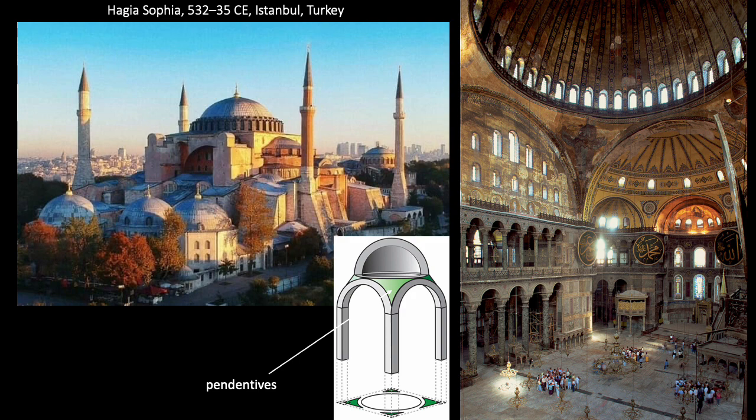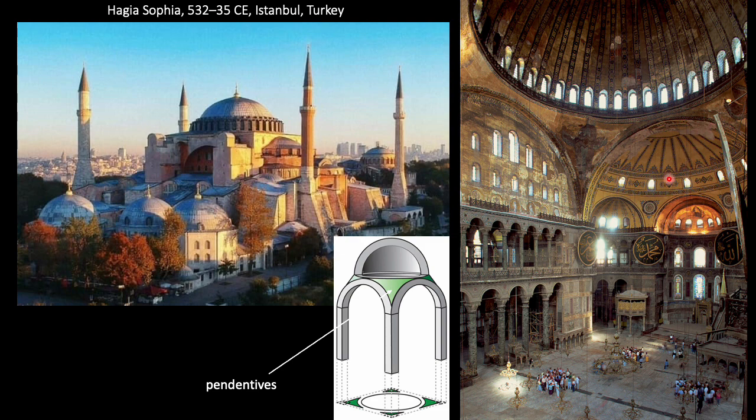Each wall of that central square structure, which we can see the interior of on the right side here, contains a huge rounded arch that meets and supports the base of that circular dome. Then we have these curving triangular pieces in the corners.